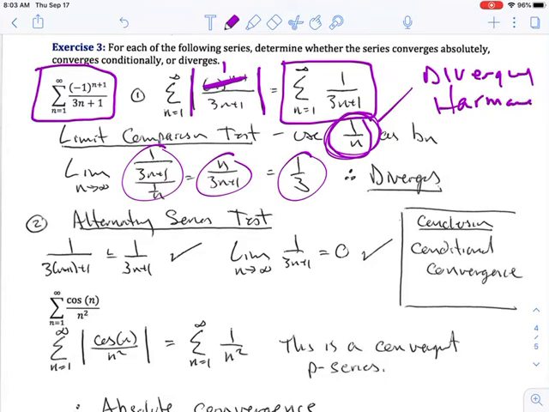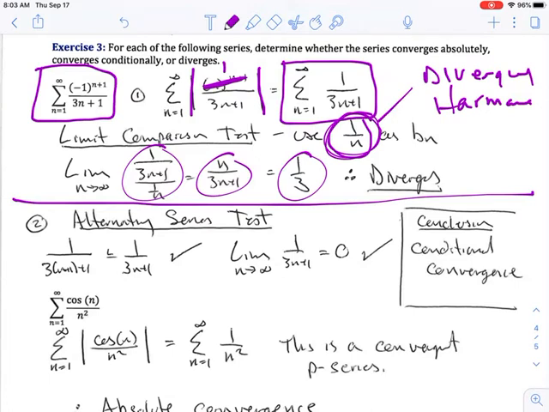Since the comparison series diverges, our given series diverges. So what does this mean? What have we done so far? What we have just shown is that if all of the terms of the series were positive, then the series would diverge.